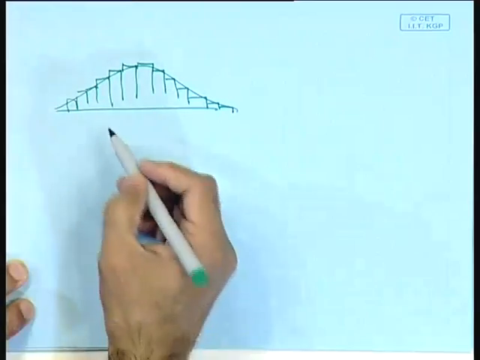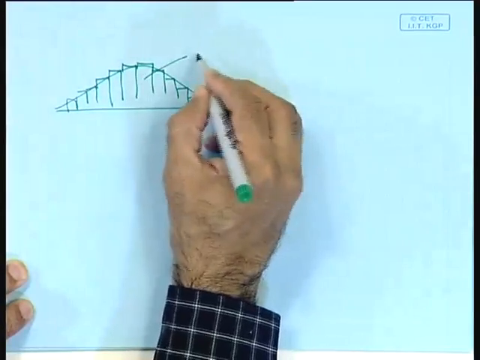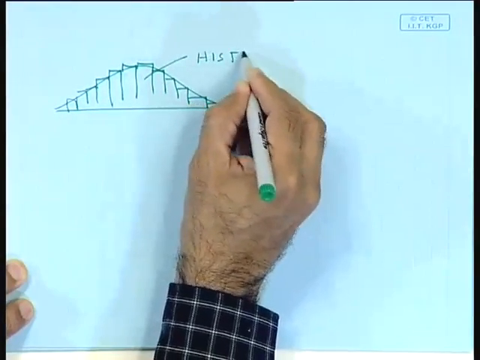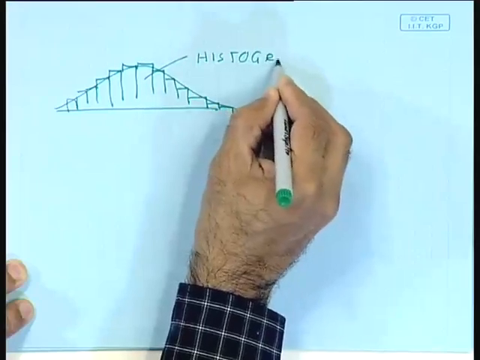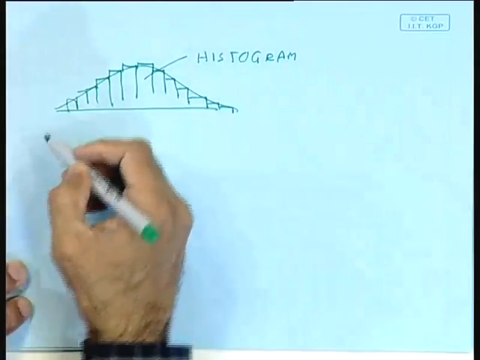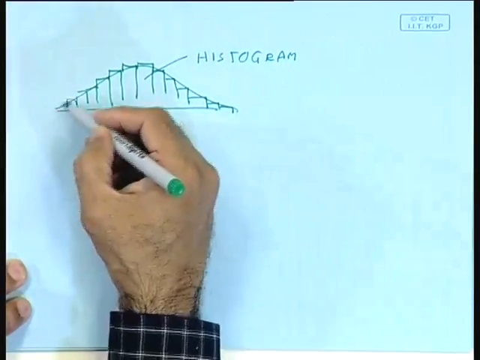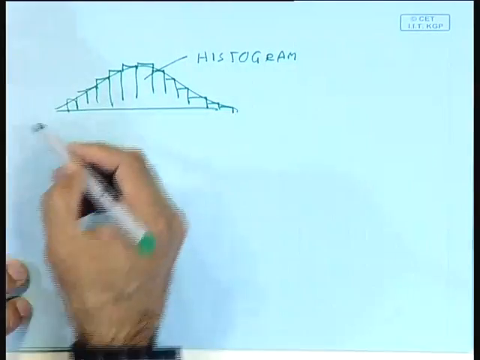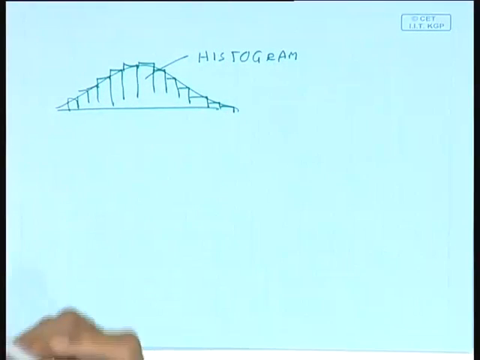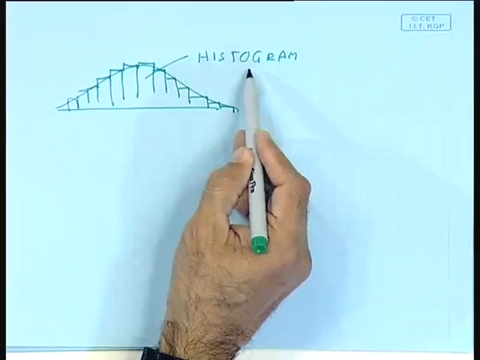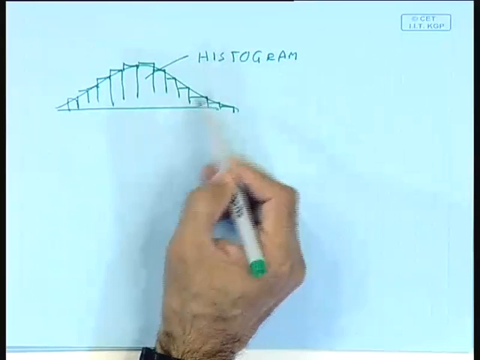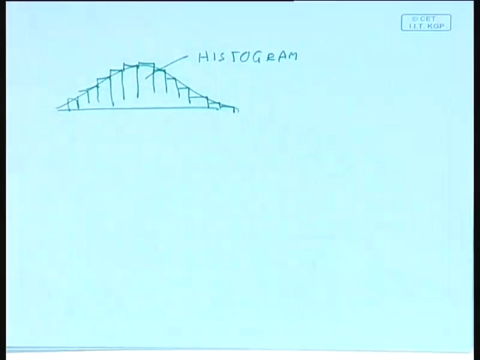This is what you find in real life. These bars are a histogram. If you take lots and lots of data, eventually it will begin to look like a continuous curve, and that will be the distribution that will represent. So this histogram is an approximate representation of the real distribution that is there, and this will become apparent as you collect more and more data.